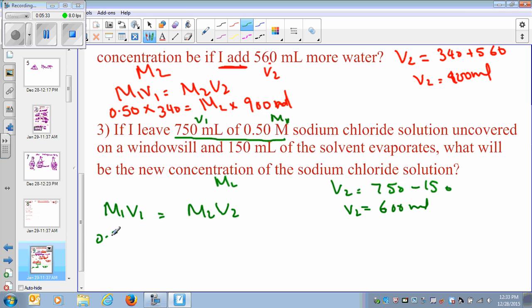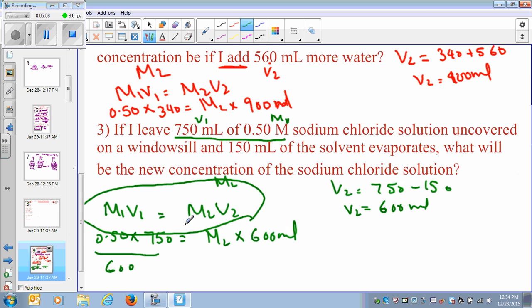M1 is 0.50, my V1 is 750 milliliters, and I don't know the M2, but my V2 is 600 milliliters. To calculate the M2, I divide this by 600, and that will be my answer, my second concentration. So this is how we are going to do this. The formula is M1V1 equals M2V2.